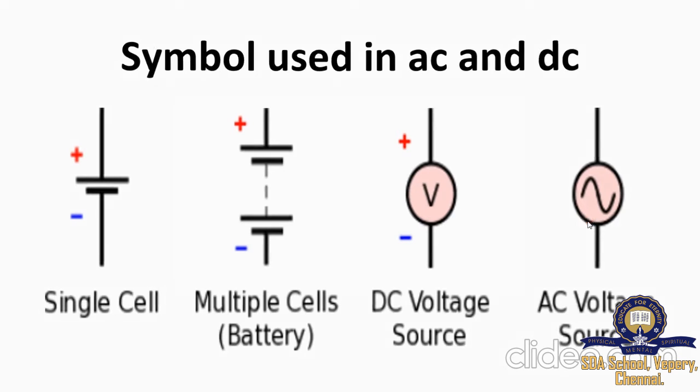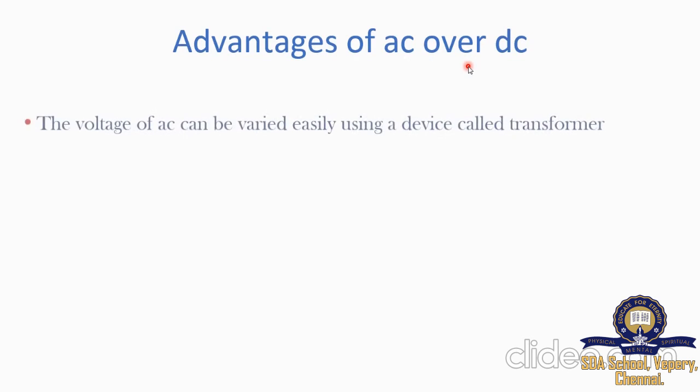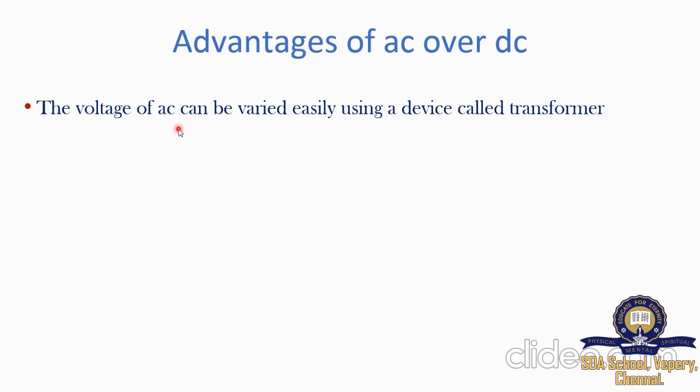So yes, we'll see the advantages of alternating current when compared with direct current. There are various advantages, and we will see them one by one. The voltage of alternating current can be varied easily using a device called a transformer.